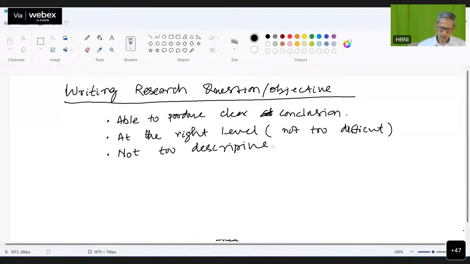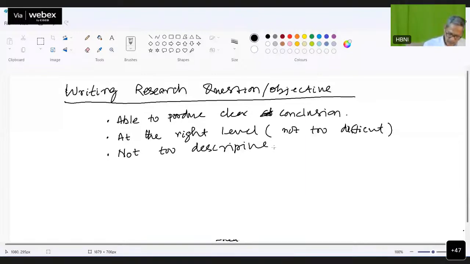How can you assess that your research topic is at the right level? Your question should consider all these things and be able to produce a clear conclusion. And your topic has to be at the right level. How do we know whether our research topic is at the right level?